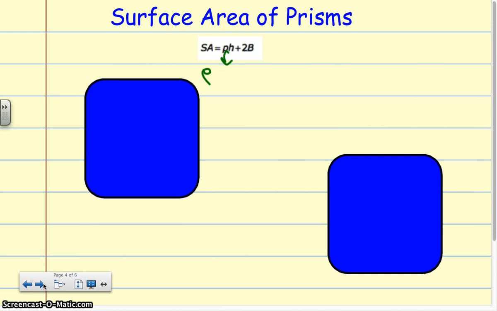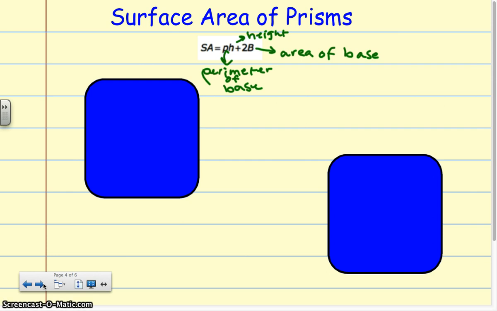The P represents the perimeter of our base. The H represents the height of our prism. And the big B represents the area of our base. Okay, so surface area is equal to my perimeter of the base times my height plus 2 times the area of my base.